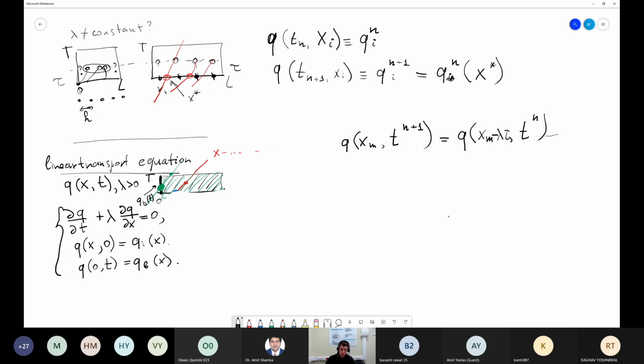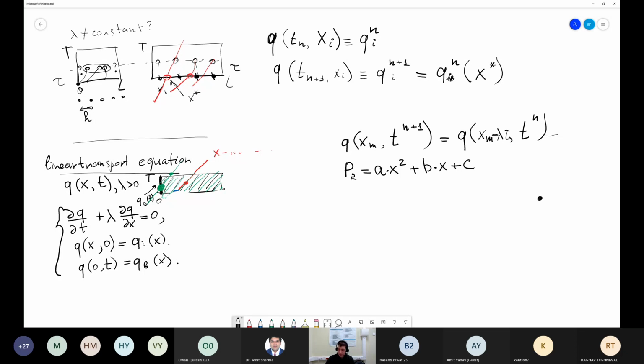Let's try to calculate the interpolation polynomial of the second order, which is equal to a multiplied by the position x squared plus b multiplied by x plus c, where we have three unknown coefficients. Let's introduce our spatial stencil. So what do we have?